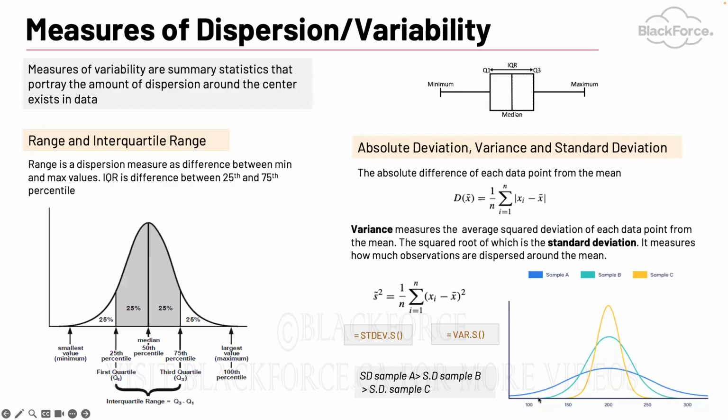For some, a fair number of people are purchasing very small and a fair number are a bit big, and the middle is 200. For others, most people are doing around 200, very concentrated, and for the green, it's somewhere in the middle. So your measures of variability always give you a sense of the dispersion of the data around its center. Okay, let's go on.